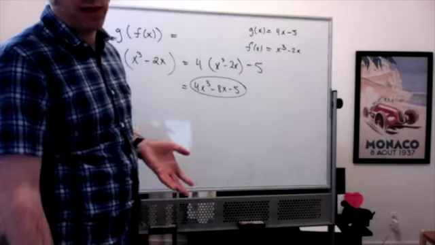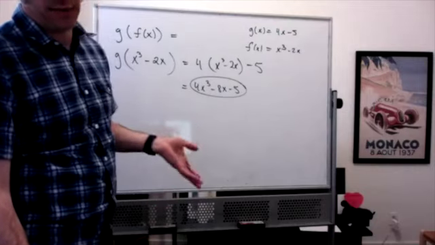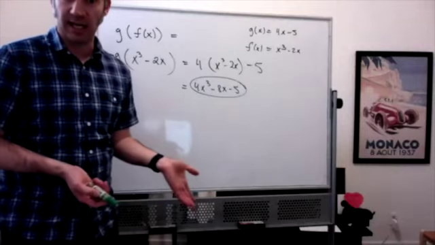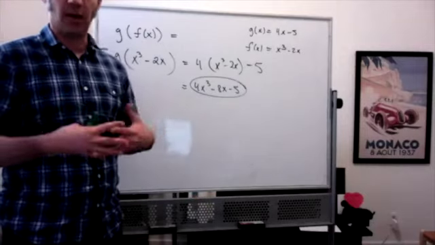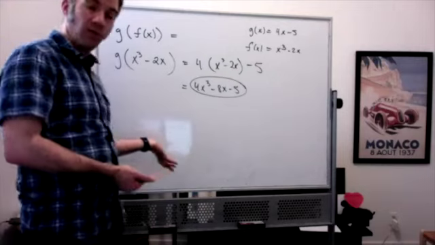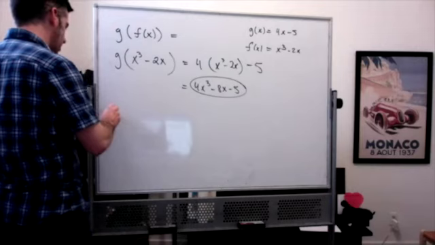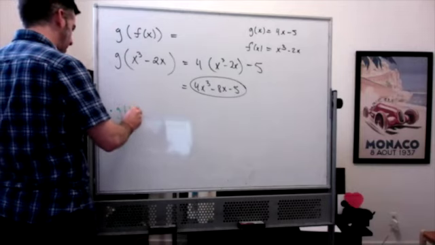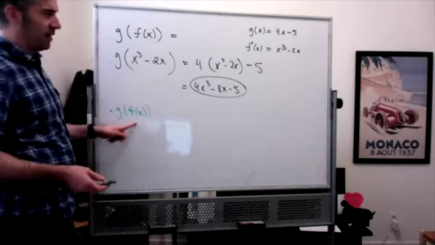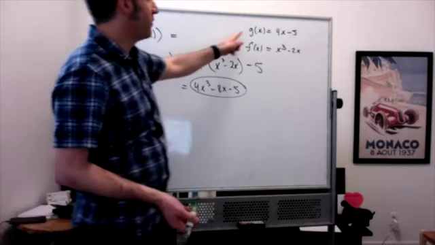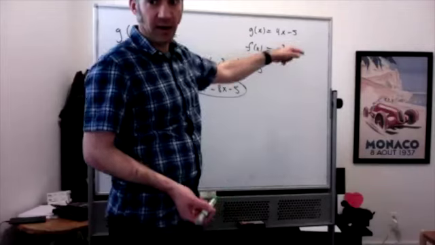I will also point out, because some people like to see it differently, you could also attack this from the outside in. So I'm usually working from the inside out, but if you want, you can go from the outside in, meaning you can say that g of f of x, instead of replacing f of x with what it's equal to first, I can think, well, I know that g of x is 4x minus 5.